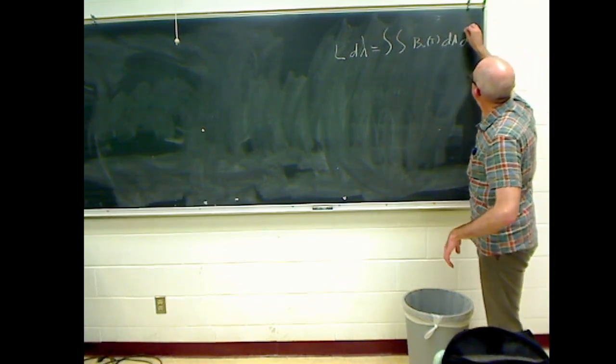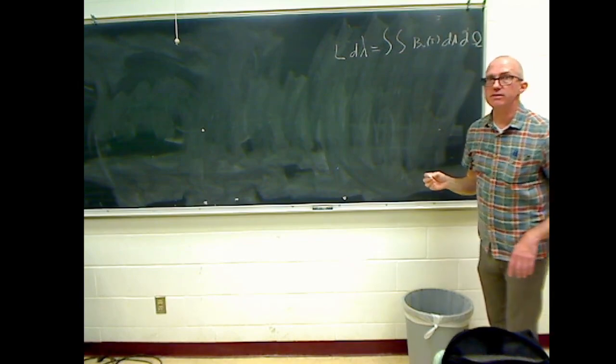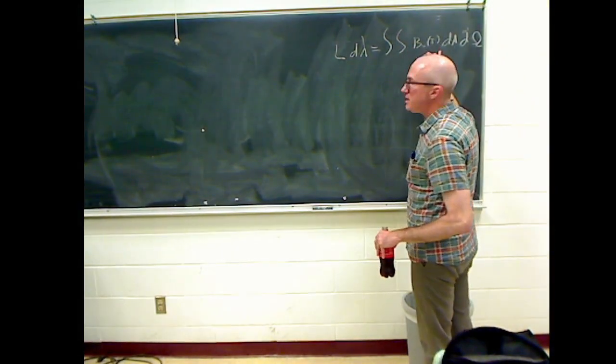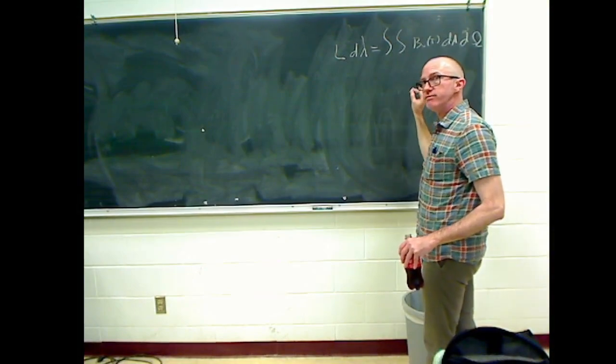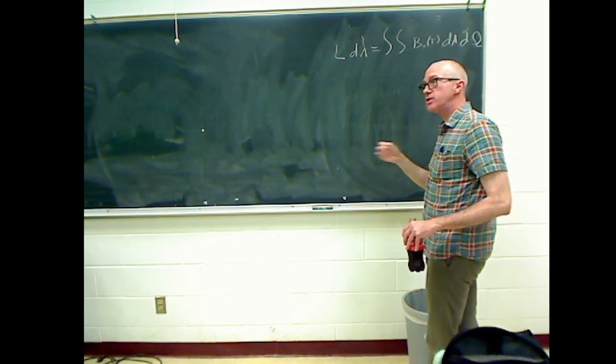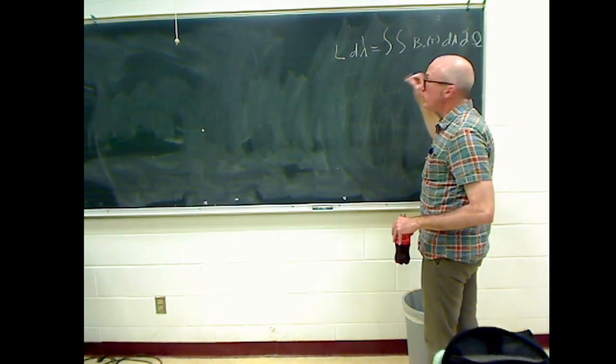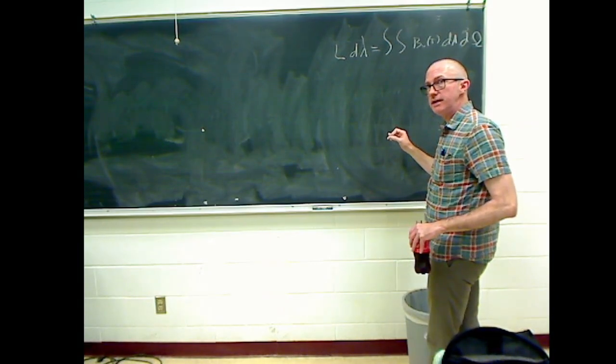And there's a cosine in here for that solid angle, for the projection. This is what he defines as the monochromatic flux. So this means just frequency information, no geometry information. So we've integrated out all the geometry information. So we're only looking at frequency information.